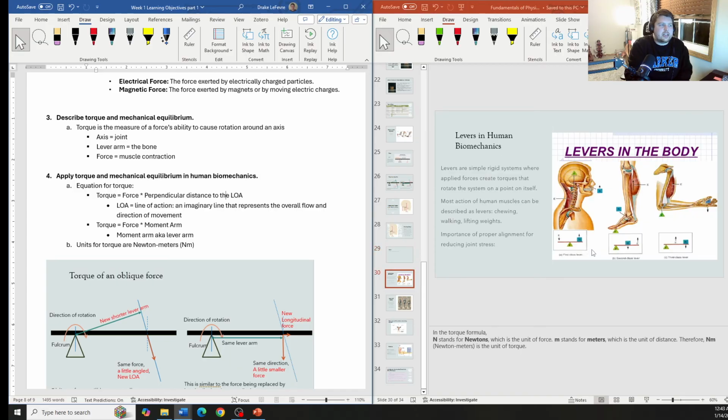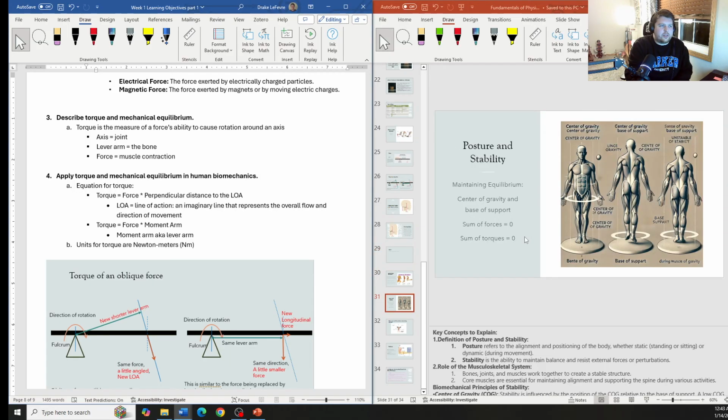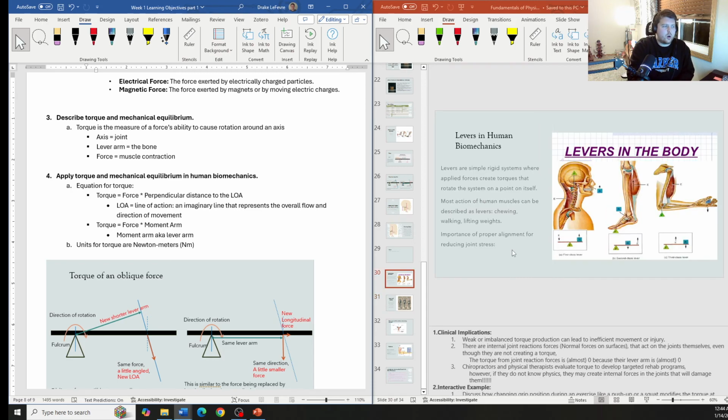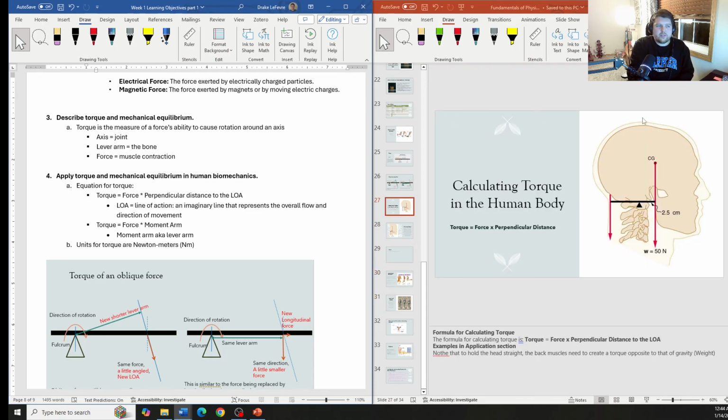And the understanding is that within biomechanics, with posture and stability, when we are holding still, it's not that none of our muscles are active, it's that our muscles are at equilibrium. So we constantly have gravity acting on us. So we need certain muscles to be able to keep us up. One of those being, for the skull, our faces are a little top heavy.